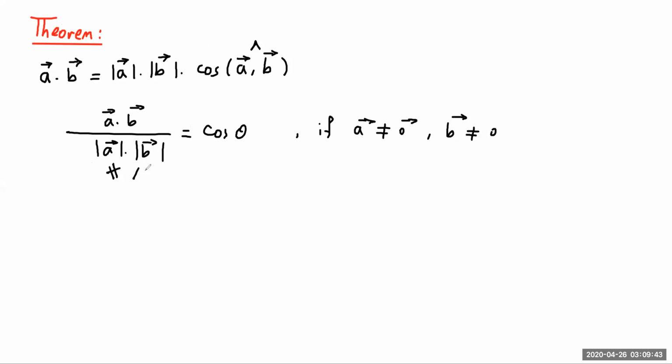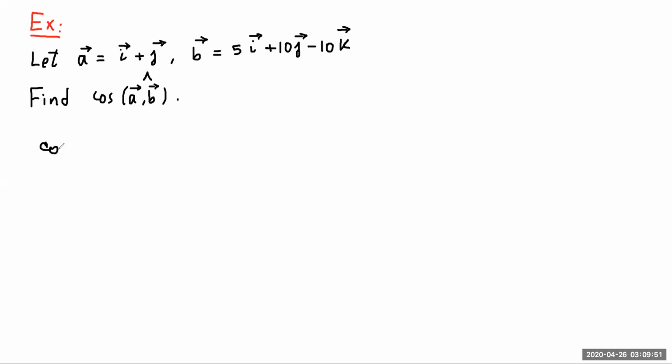So I will use this formula: cosine theta equals the dot product A times B over length A times length B.